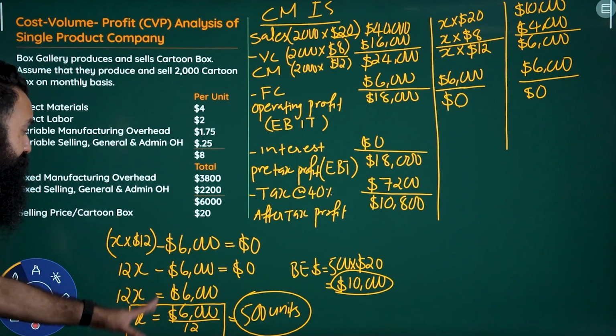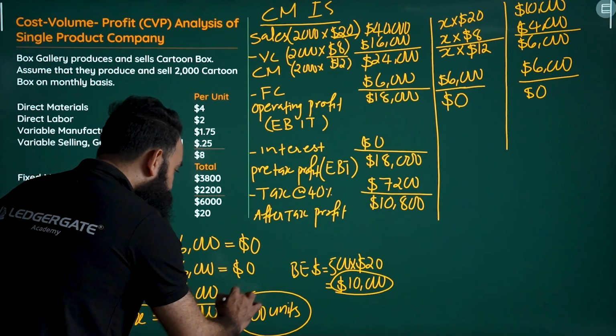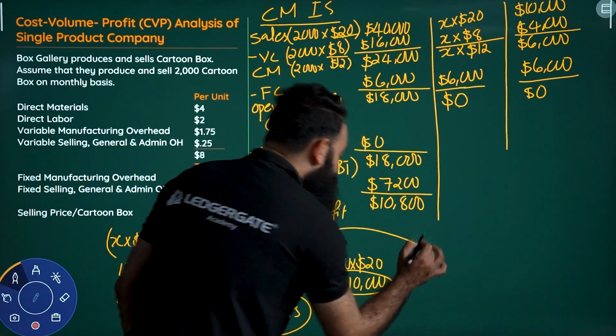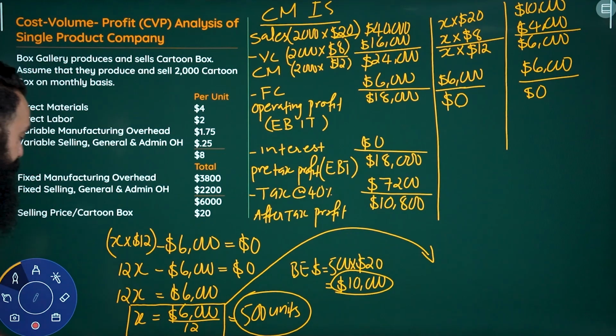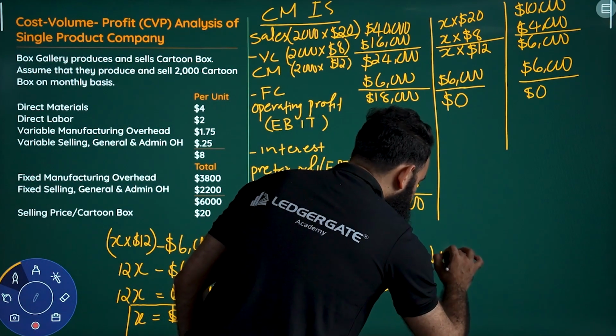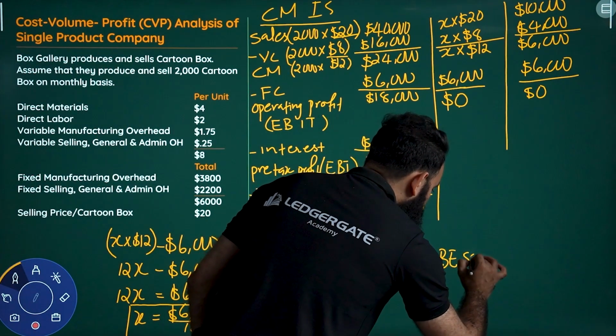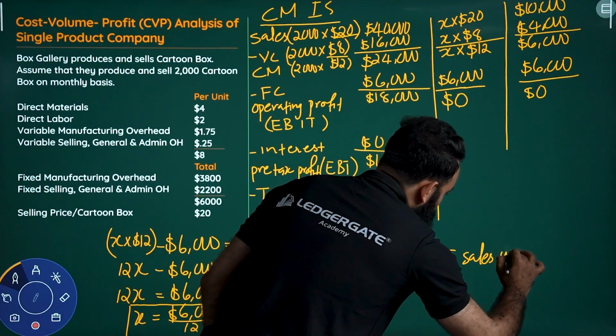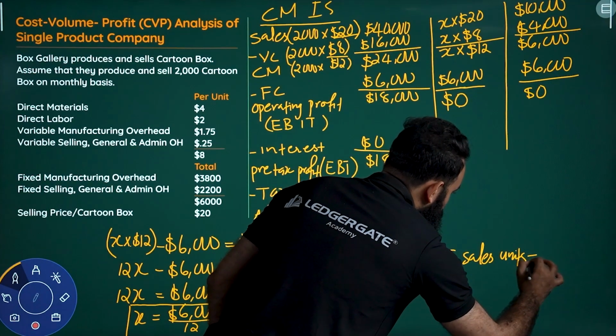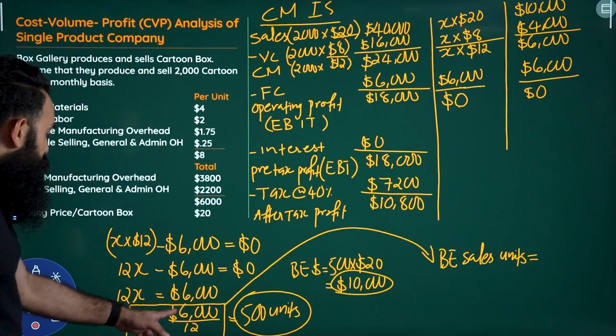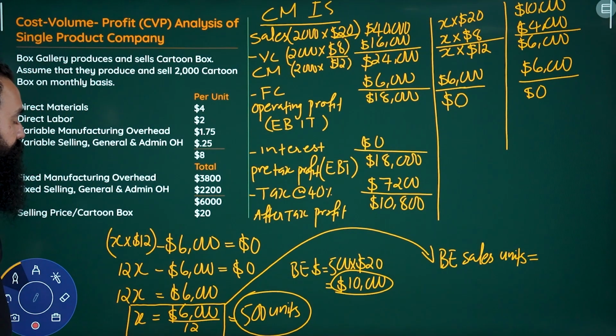What is this? X means break-even sales units, right? So X is equal to break-even sales units. What is this 6,000? Every time it's 6,000. It won't be some other amount.